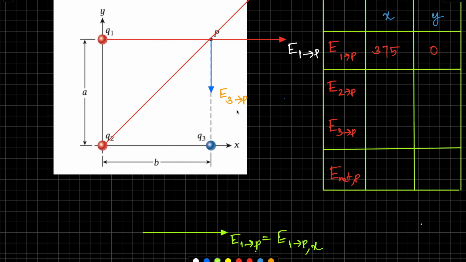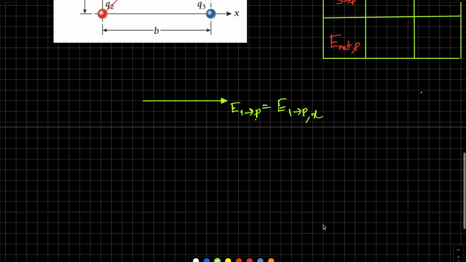Now what about E3 at P? The third one. E3 at P, the electric field by charge 3 at point P. I'll draw the vector here. This is that vector.